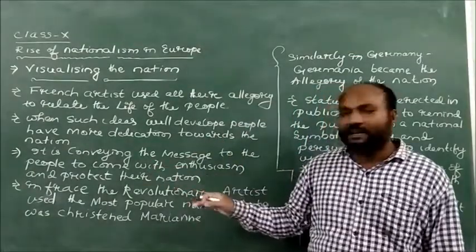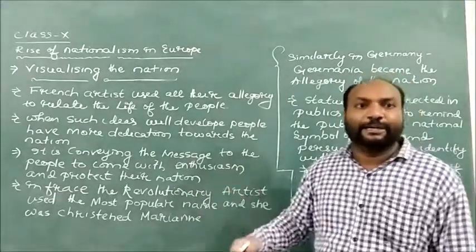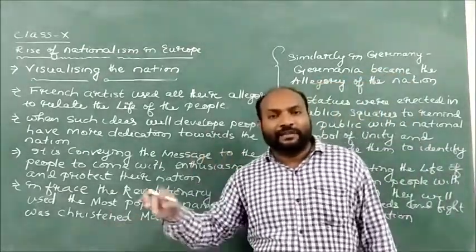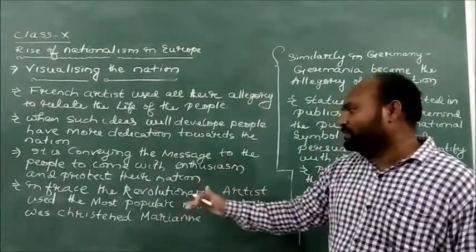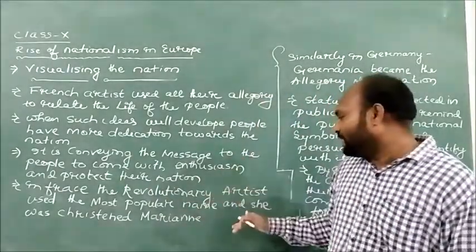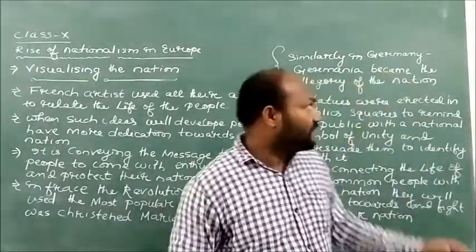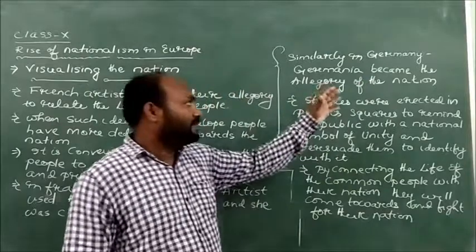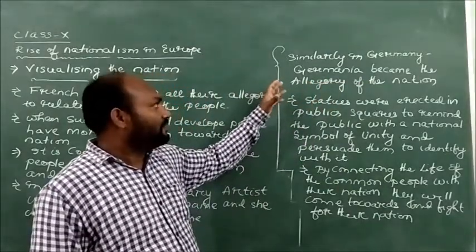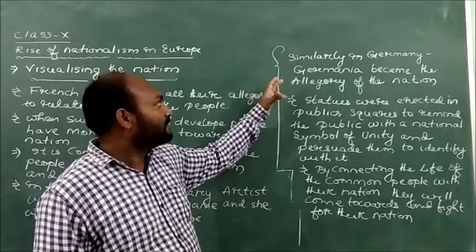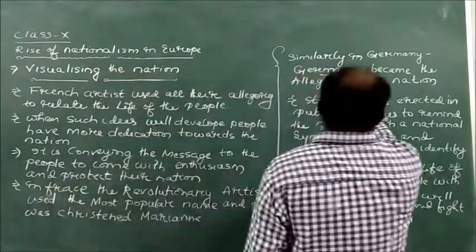So dear children, here we understood that in France as well as in Germany, different allegories were used. In France, the revolutionary artists used the most popular name, and she was Christian Marianne. And in Germany, the most common name was Germania, who became the allegory of the nation here.